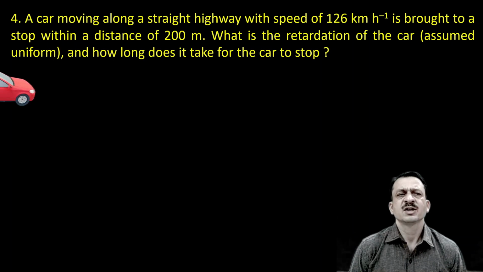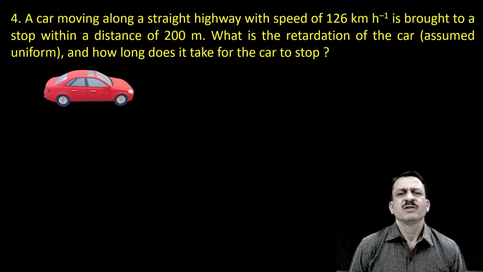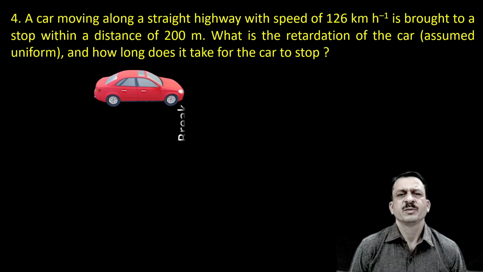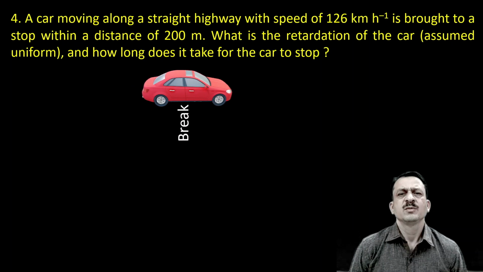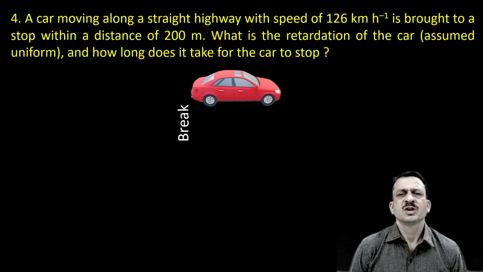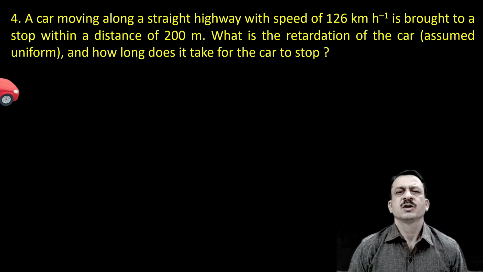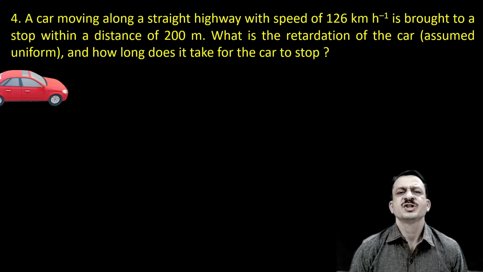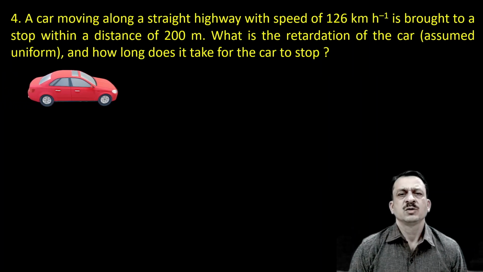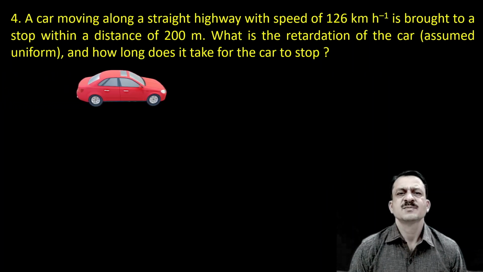Now look here, a car is moving. Whenever the brakes are applied, it moves for a short distance and stops there. Once again, a car is moving with an initial velocity. Now the driver is going to apply the brakes.